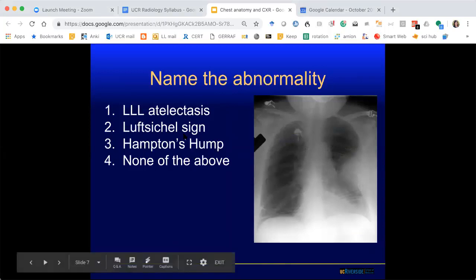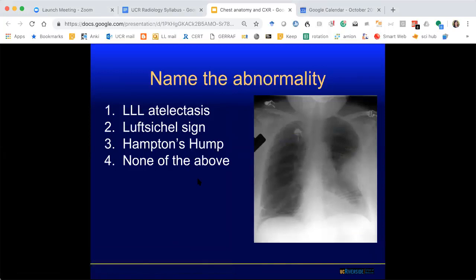Left lower lobe atelectasis, the left sickle sign, Hampton's hump, or none of the above? Any guesses? It's this wedge-shaped opacity here in the left lung fields. Hampton's hump, okay.